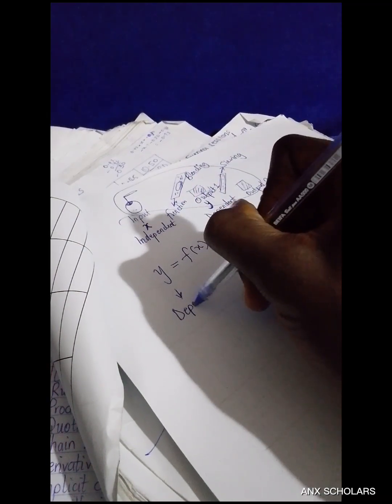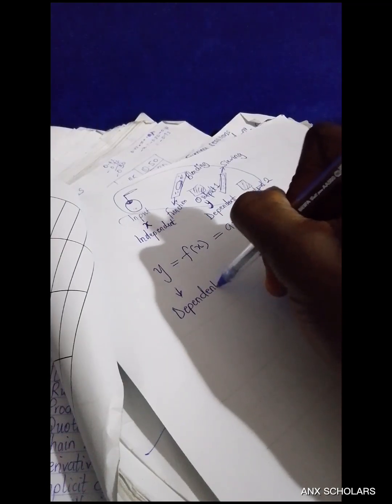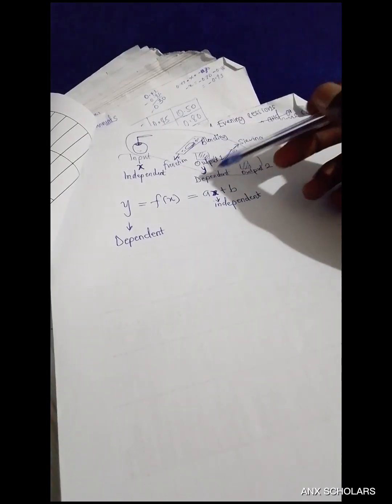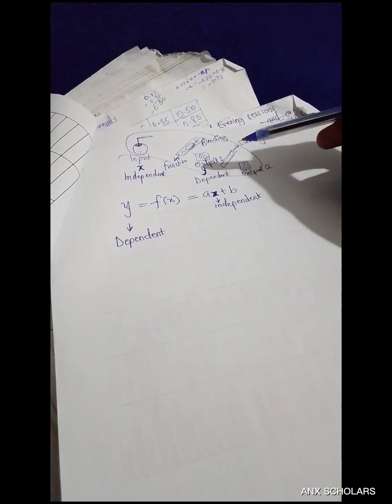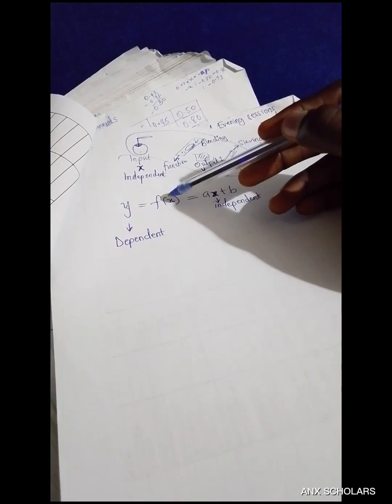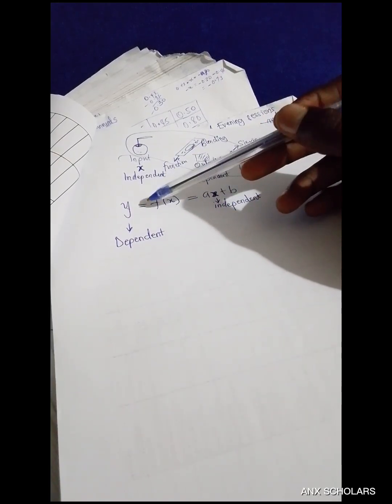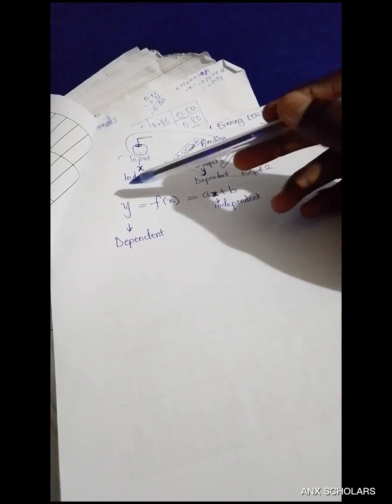So this y value is dependent. I believe everyone has followed to that point. So this is quite simple, independent, and this is dependent. Function of x, so I would say it's like the image of x, y, and the rest.